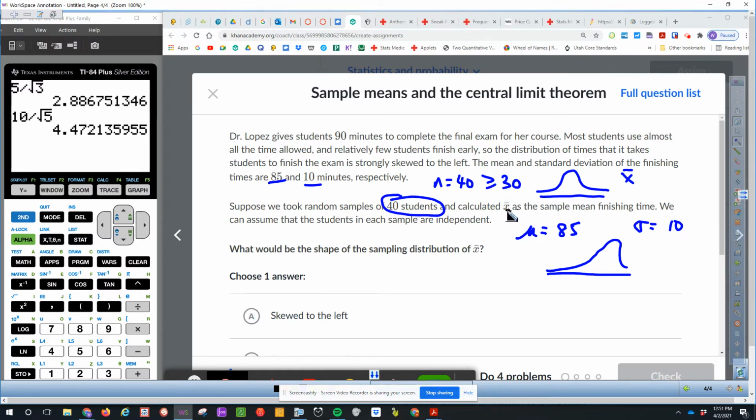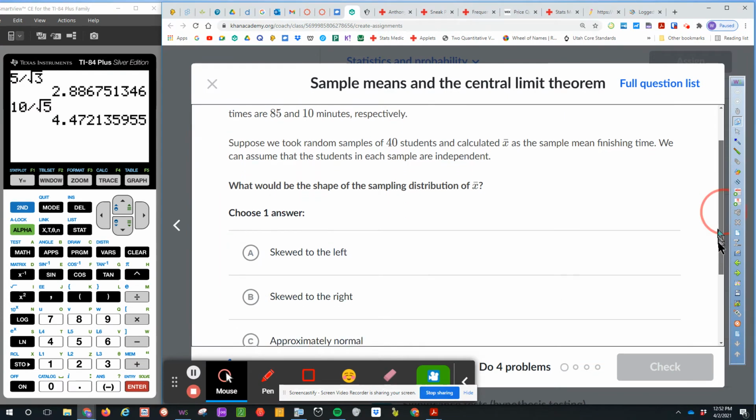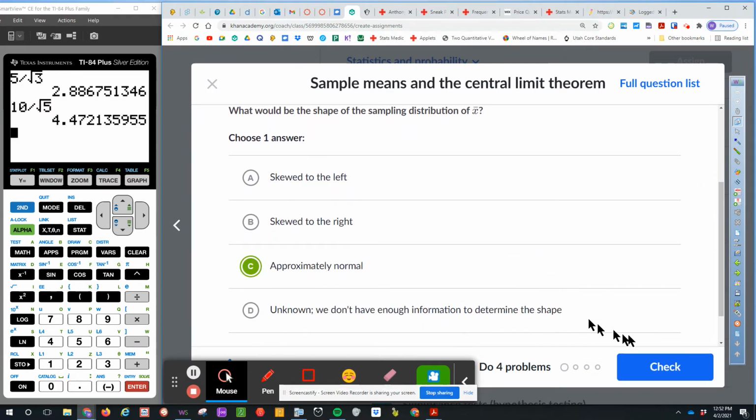And calculate the x bar as the sample mean finishing time. We can assume that the students in each sample are independent. What will be the shape of the sampling distribution of x bar? Like I said, n equals sample size equals 40, which is above 30, and we can safely assume that the sampling distribution will be approximately normal, right?